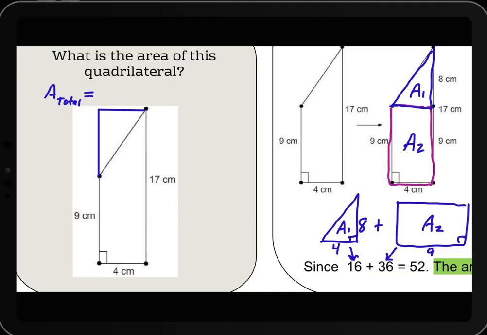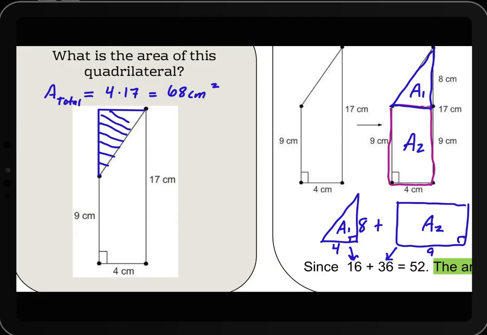This one would be a rectangle, which would be a 4 by 17. 4 times 17 is going to end up being 68, and that would be centimeters squared. Now that represents the total area of the entire figure. This piece right here, however, is not actually a part of the real figure.